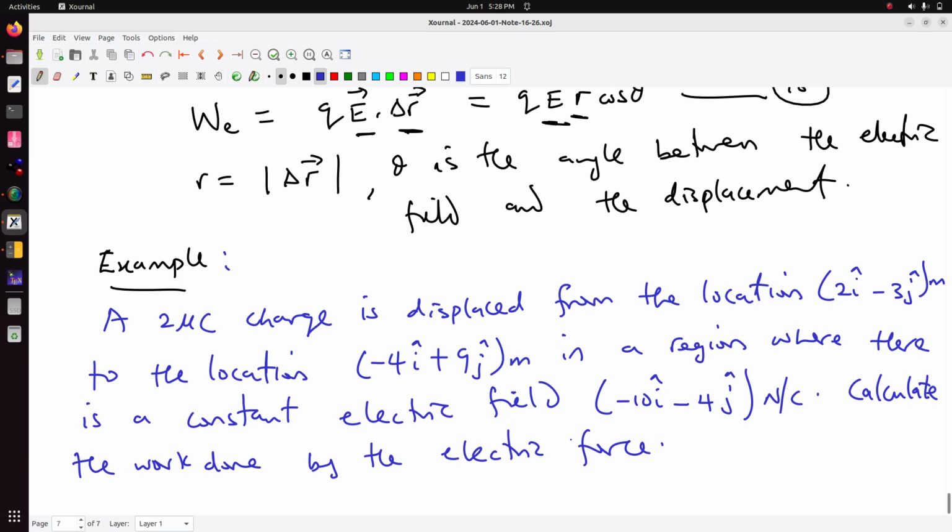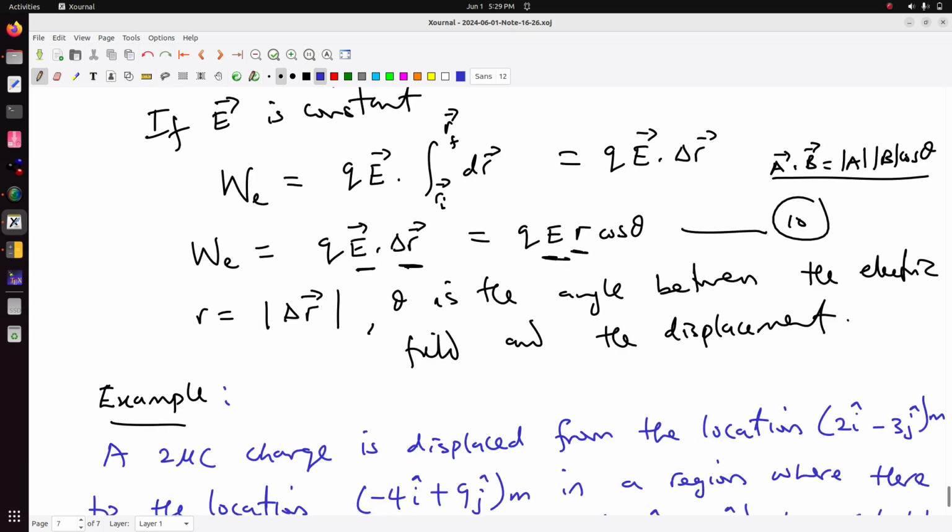The example is a 2 microcoulomb charge displaced from the location 2i minus 3j meters to the location minus 4i plus 9j meters in a region where there is a constant electric field. So the electric field is constant, so we can use equation 10.